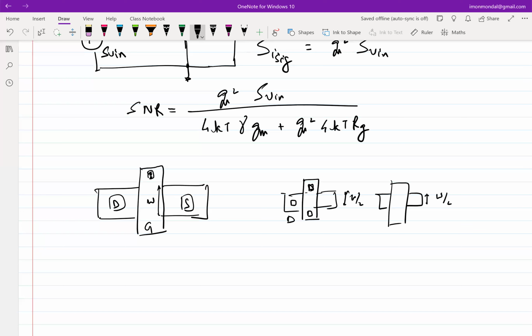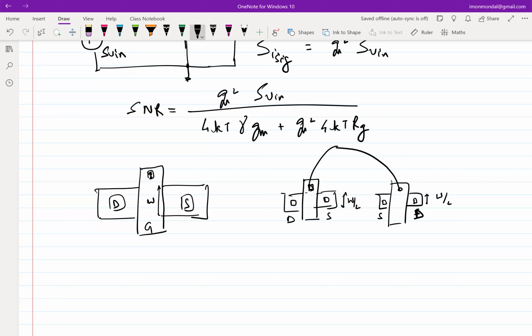This is drain, this is source. This is source, this is drain, let's say. And I connect this in parallel with some sort of metal, right? With a much lower resistivity metal.